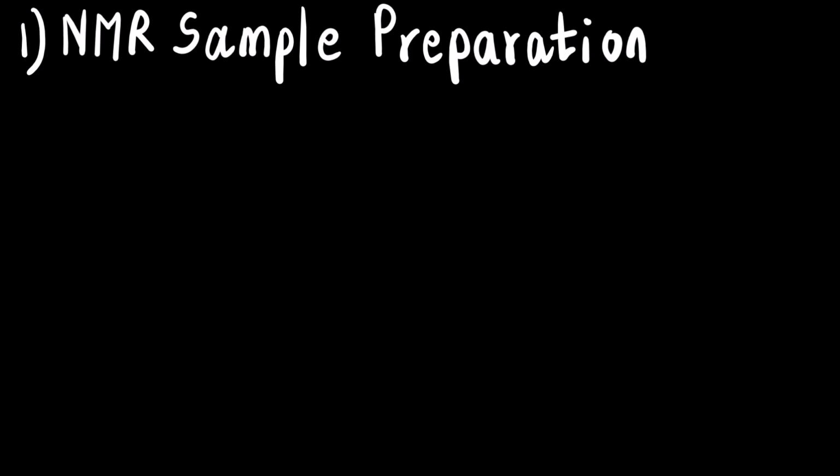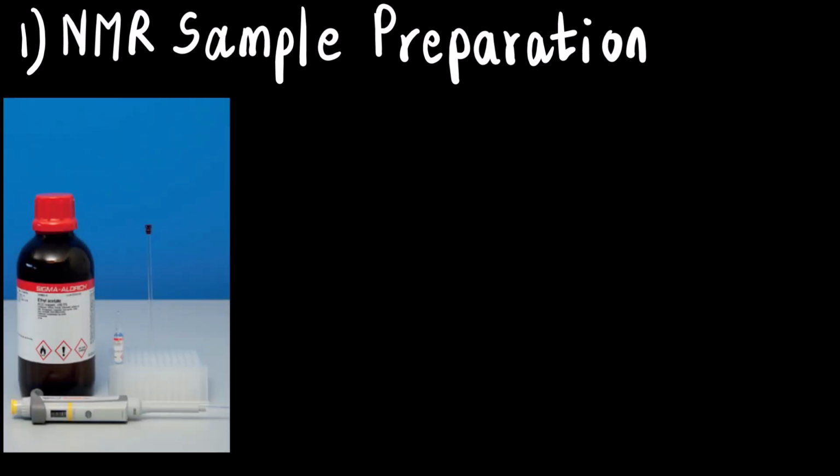The very first thing that you have to do is prepare the NMR sample. For preparing the NMR sample, what all things do you need? You require obviously your sample, or the compound that you want to analyze.